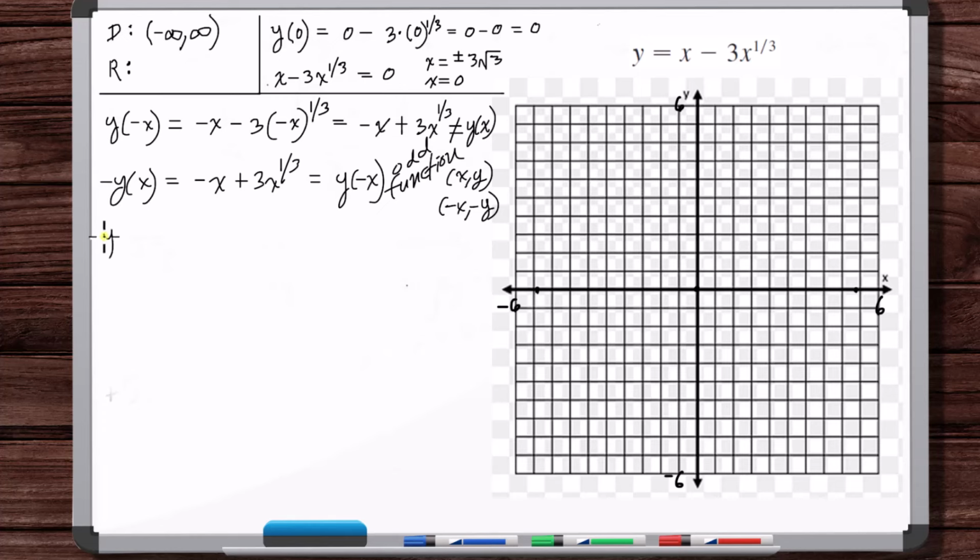Okay, now what about periodicity? Is there a number p such that y of x plus p equals y of x? Think about a sine function. If you shift it by this amount, you get the same function again.